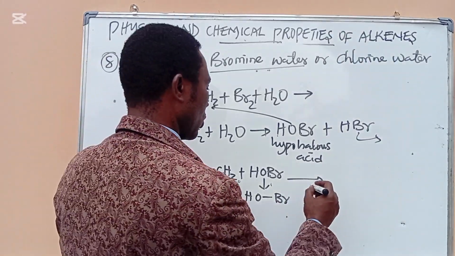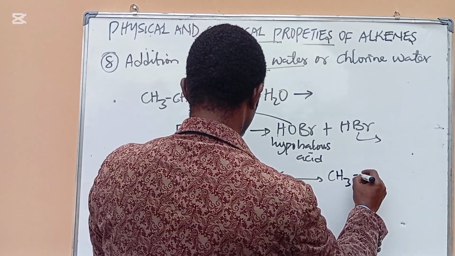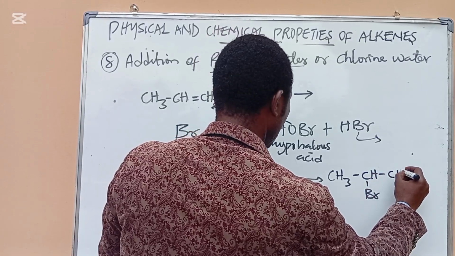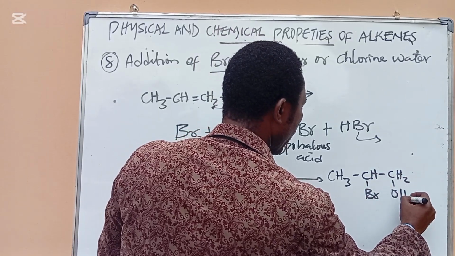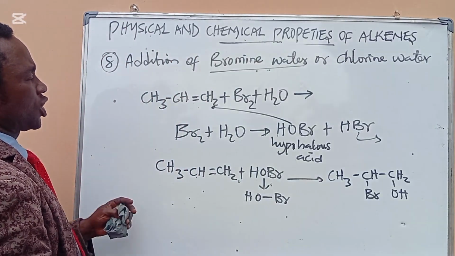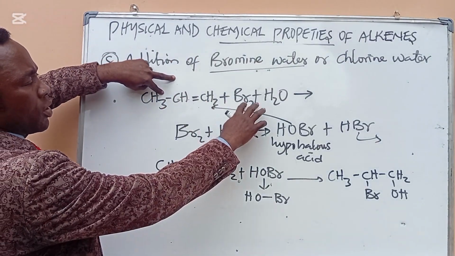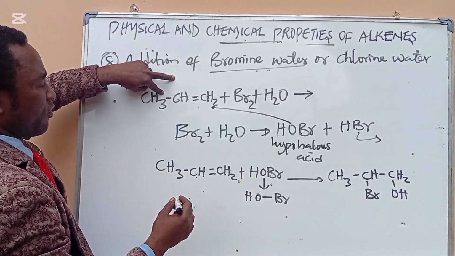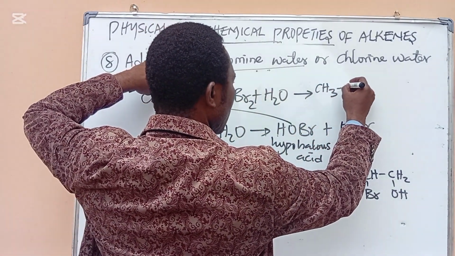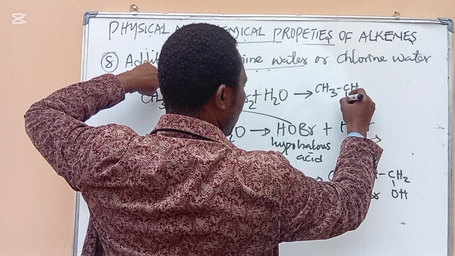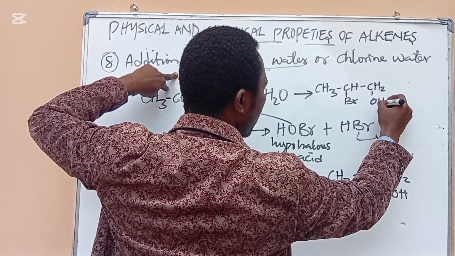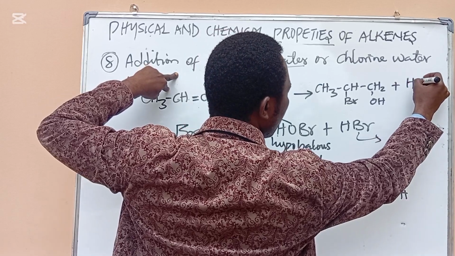So what we'll now have is CH3, CH, then Br, then CH2OH. So that will be the compound that will be formed. So in a nutshell, when this reacts with bromine water, what will actually be formed is CH3, CH, Br, then CH2, OH, plus HBr.